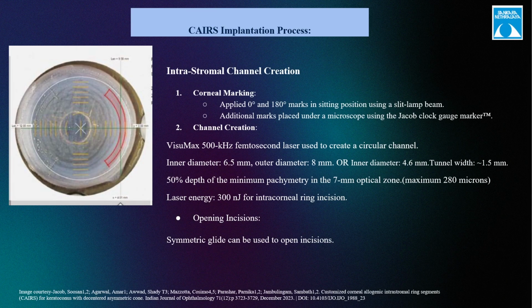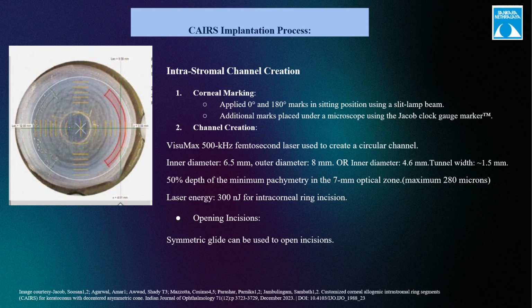We go for the channel making. The intrastromal channel is created using a femto laser. The corneal marking is done before that so that we are aware of the marking, since it can change after docking. The cornea is marked at 0 degrees, 180 degrees in sitting position using a slit lamp beam. I think it is different for various surgeons. Most important, because all that we do works well only when the positioning is perfect.